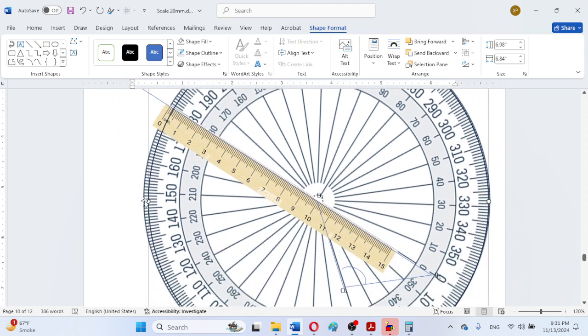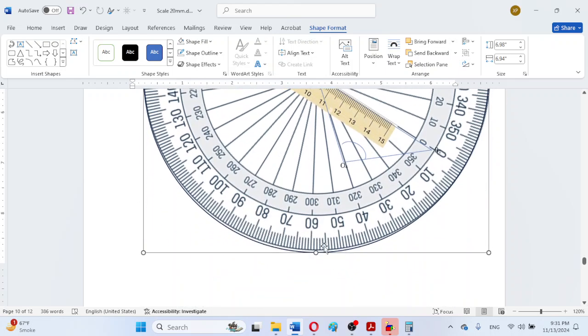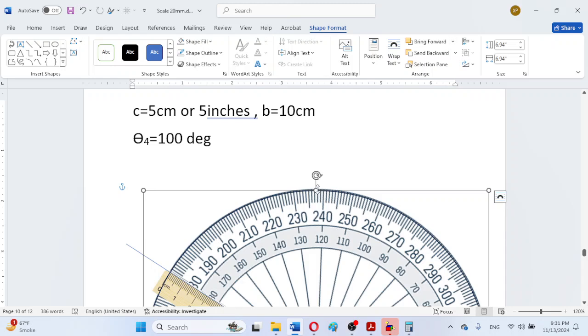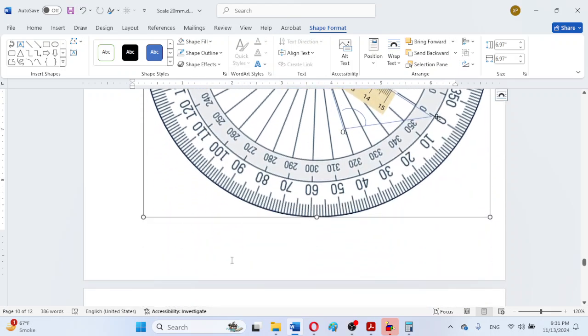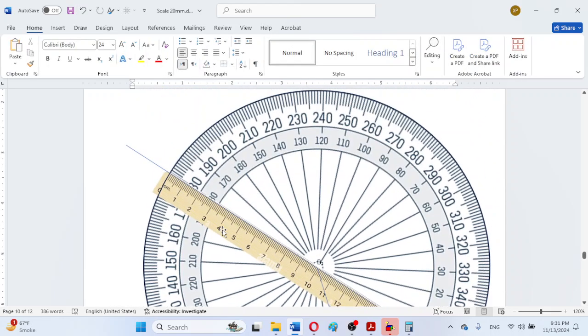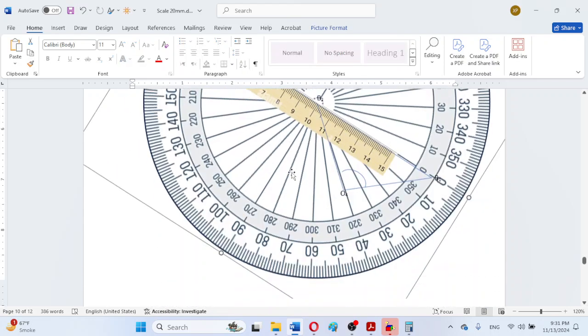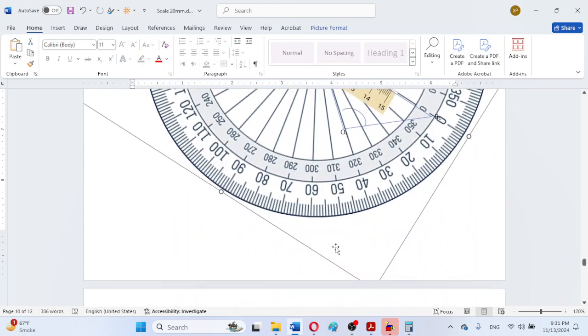So here like this, in this way, as we can observe, the required circle has been drawn.